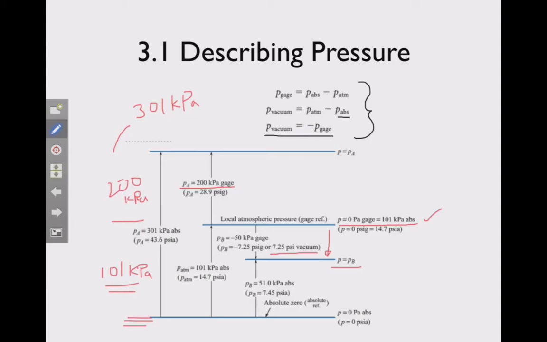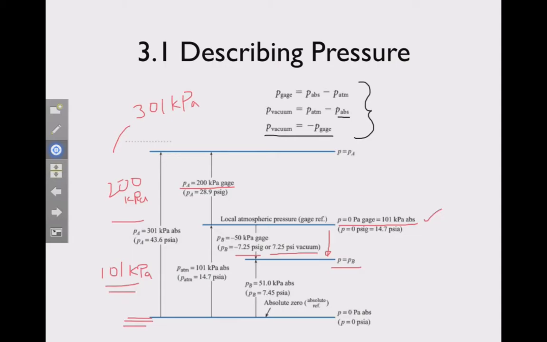Note that it also is minus 7.25 gauge because of this expression right here. The gauge pressure and the vacuum pressure are kind of opposites of each other. So as long as we have a pressure that's less than atmospheric, as we do in this case of B, it's going to have a positive vacuum pressure. It's basically a lower pressure than atmospheric.